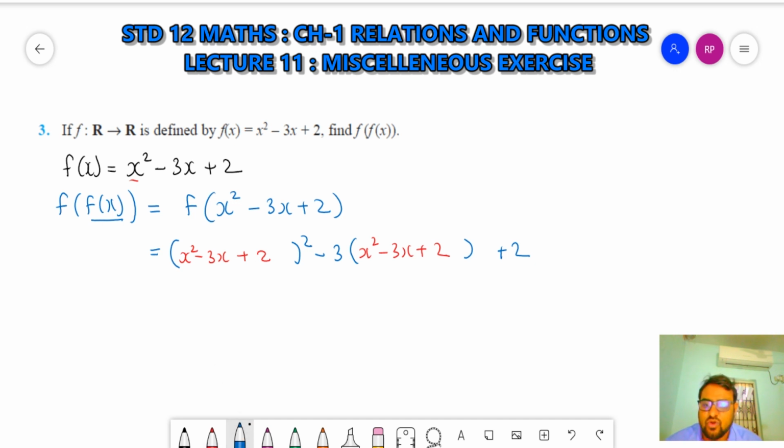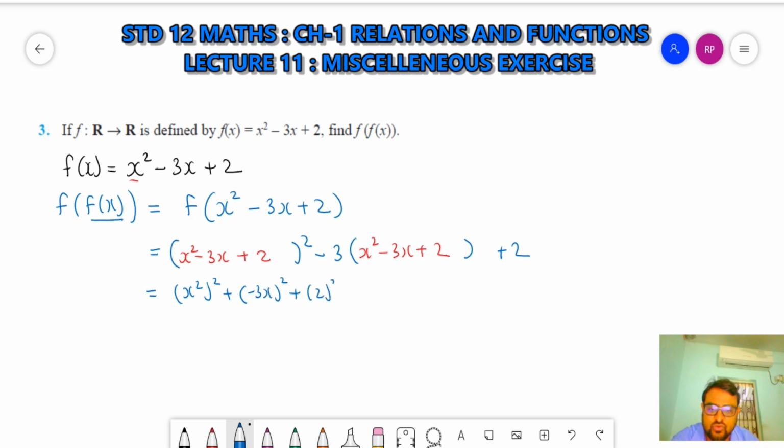Okay, so now what is (a plus b plus c) whole square? A square plus b square plus c square plus 2ab plus 2bc plus 2ca. So this will be a, this is a, so (x square) whole square plus b square. What is b? Minus 3x.